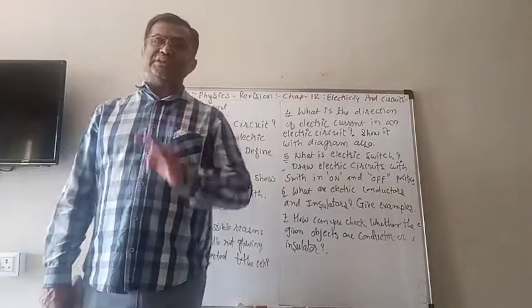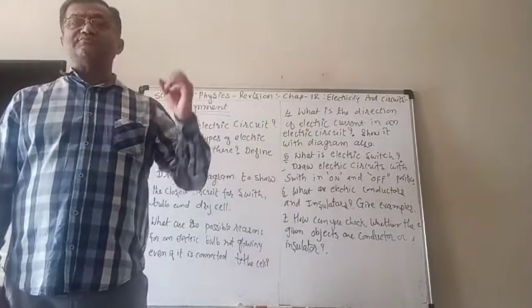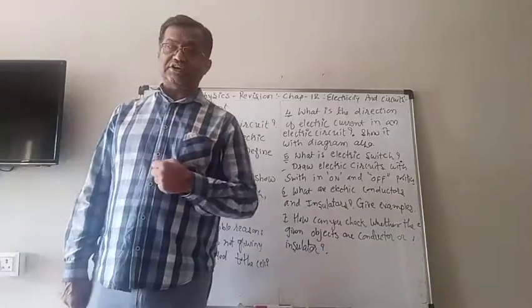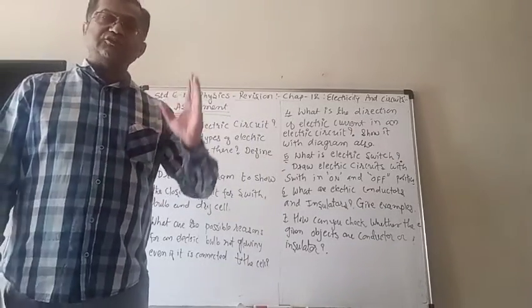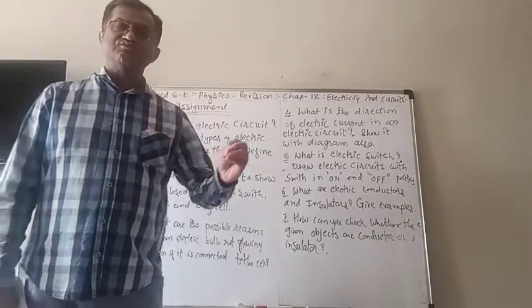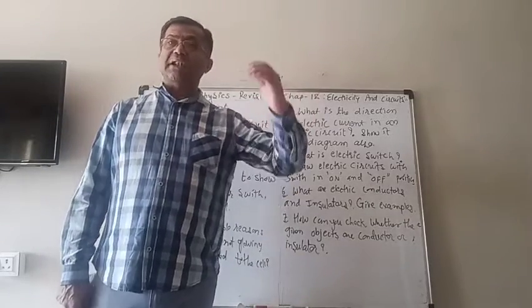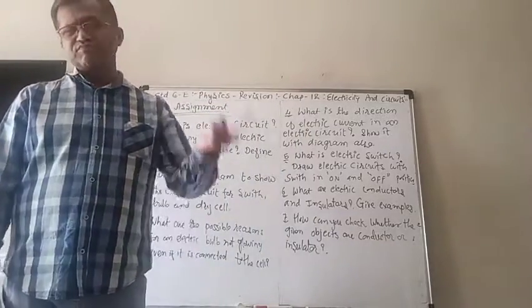That type of circuit is known as a closed circuit. In a closed circuit, the current will flow through that circuit, and if the bulb is not fused, the bulb will glow and give us light.